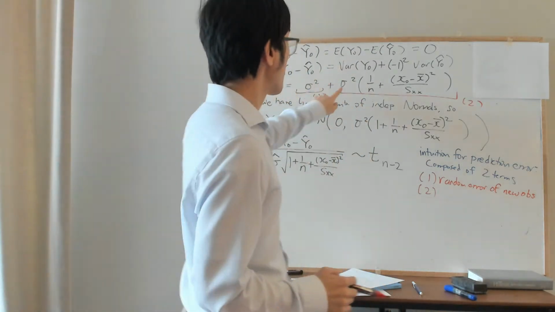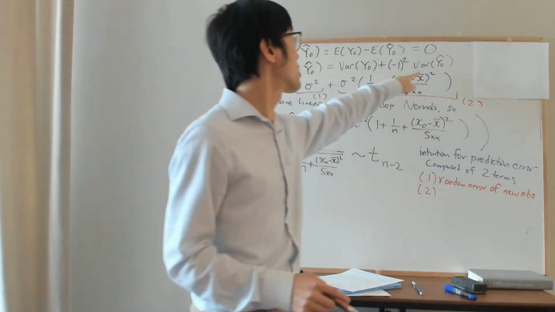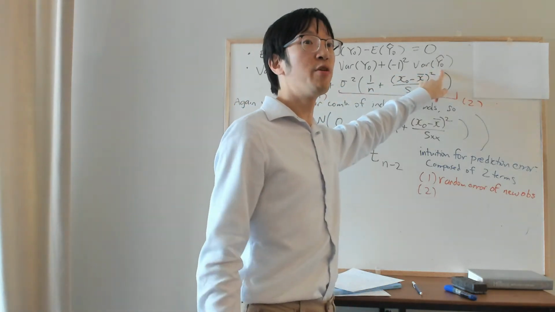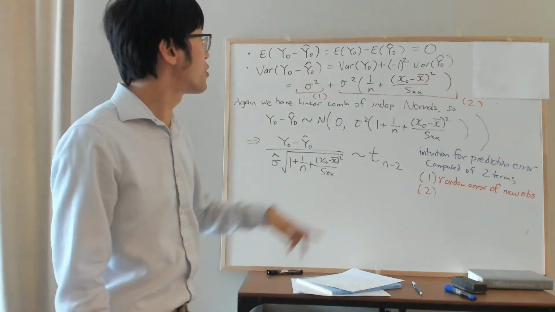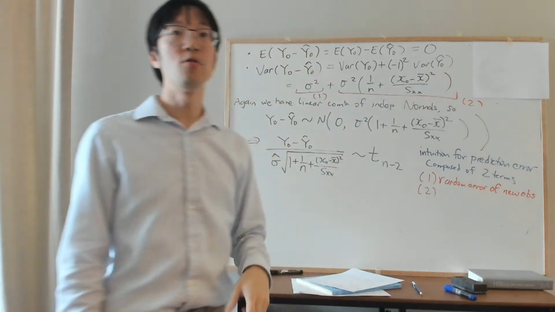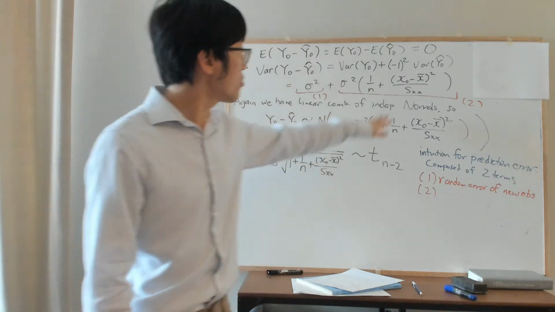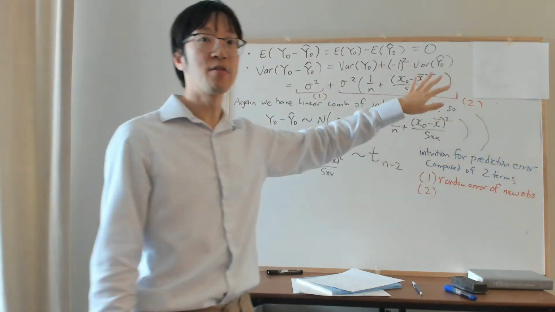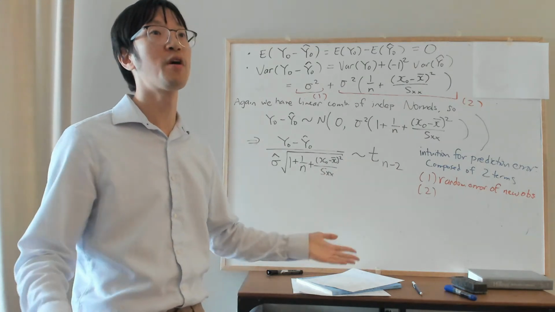Okay, and then there's this second part now. I label this number 2. What is this part coming from? It's coming from the variance of the predictor. Why does the predictor have variance? Well, what's random in y0 hat? There's beta 0 hat and then there's beta 1 hat. So this variance is coming from the fact that our estimates beta 0 and beta 1 themselves have variance.